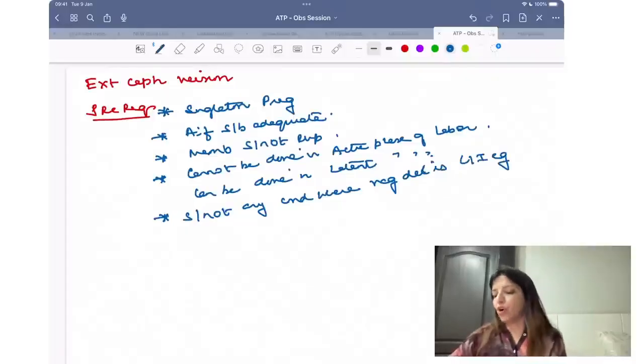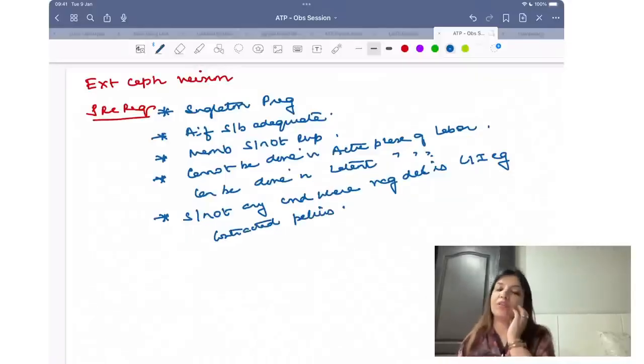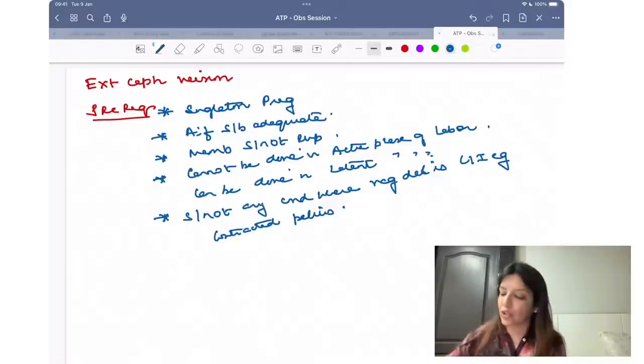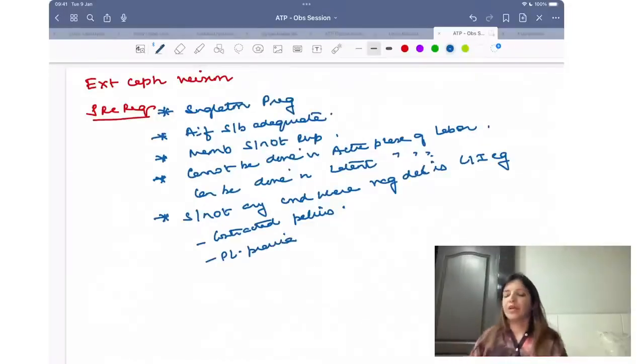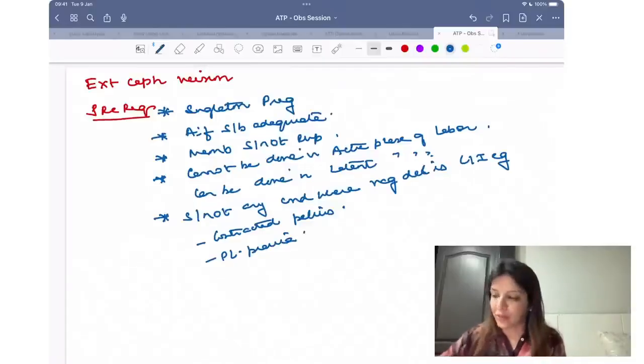For example, in contracted pelvis. अब अगर pelvis contracted है तो whether it is cephalic or whether it is breech, you have to do a cesarean section. For example, placenta previa. Right? So these are the things which you have to keep in mind before you do external cephalic version.